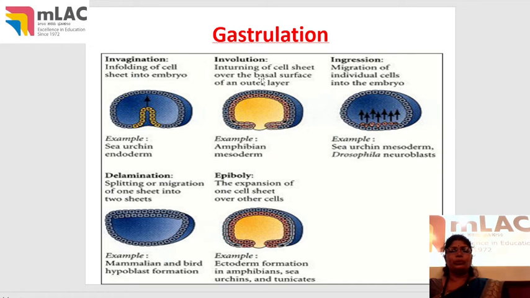Due to epiboly there is an overgrowth of cells, and all the cells accumulate near the blastopore and slowly move inside. That is called rolling in, otherwise involution. Here you can see the outer layer of cells, and the cells move along the inner surface of the outer layer.